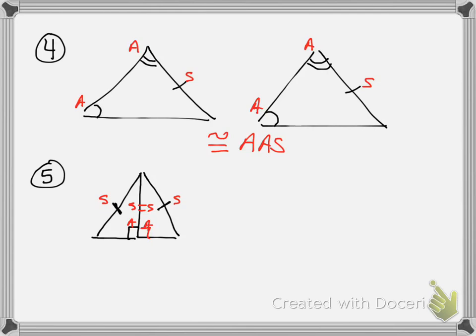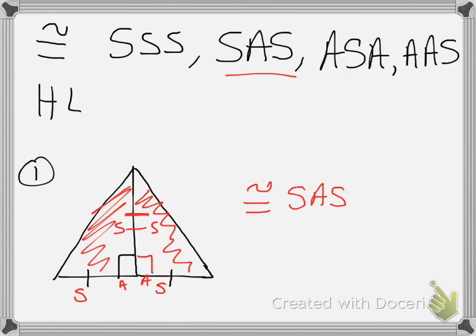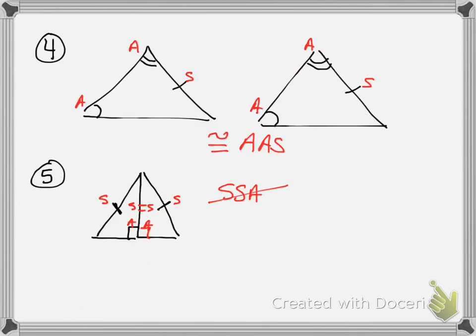Okay? Well, there is no side-side angle, or its reverse, going the other way. So what I have to ask myself is, could it possibly be hypotenuse leg? All right, and yes, it is. This is the hypotenuse. This is one of the legs of the right triangle. So these two triangles are congruent by hypotenuse leg.